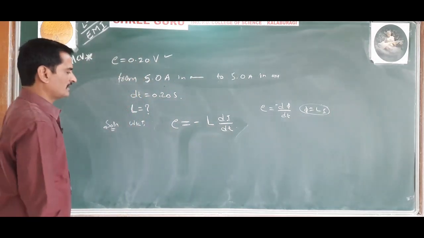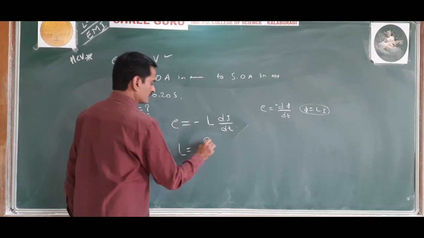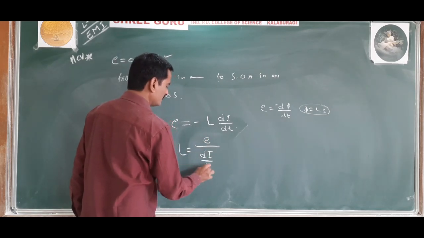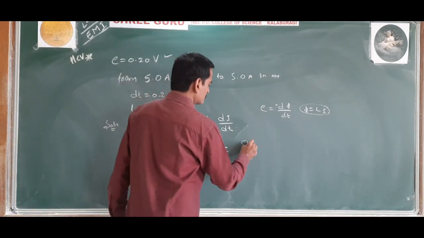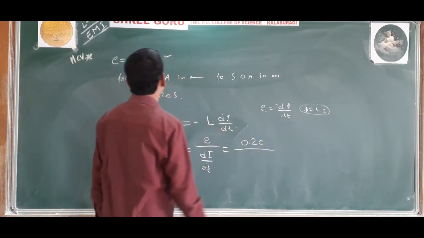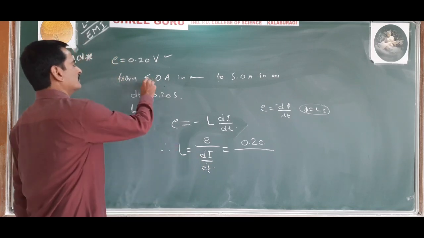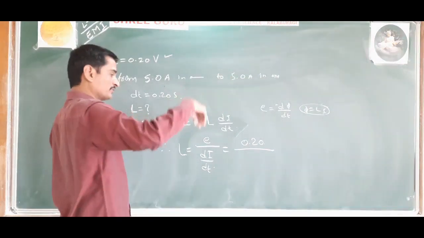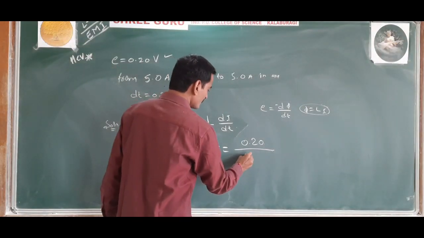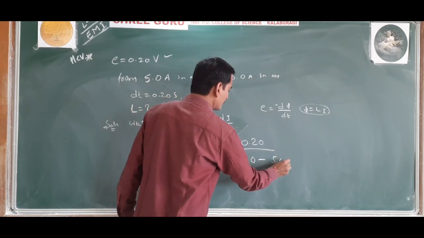Therefore L is equal to E divided by di by dt. E, that is the induced EMF, is 0.20 volt, and di, that is the change in current. First the current is 5.0 ampere in one direction, then 5.0 in the opposite direction, so 5.0 in one direction minus 5.0 in the opposite direction.